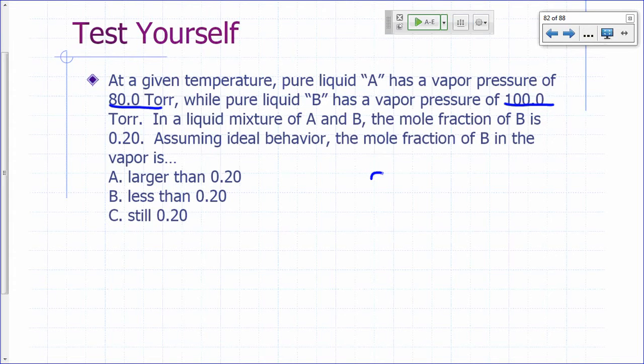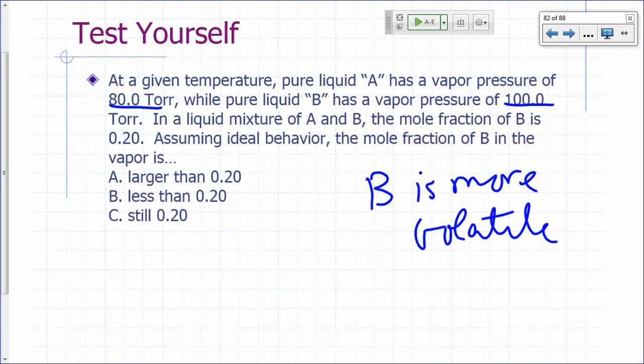The higher the vapor pressure, the more volatile. So we say B is more volatile, right? So if it's only 20% B in the liquid, in the gas, you would expect more than 20% B. So it's going to be larger than 0.2.